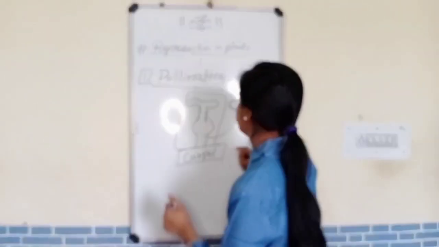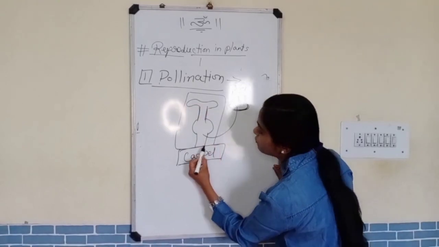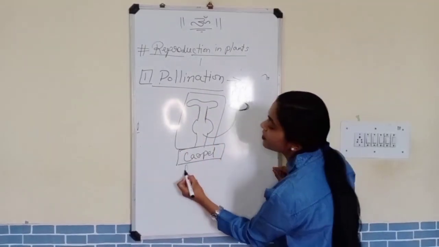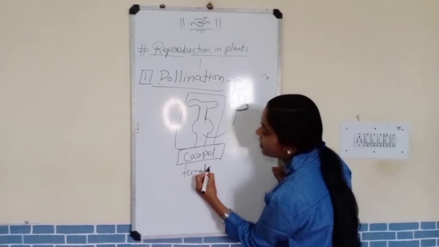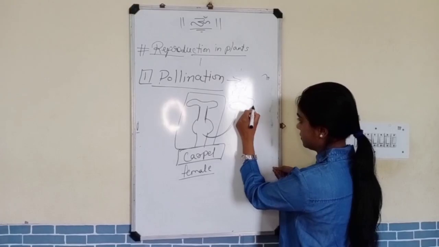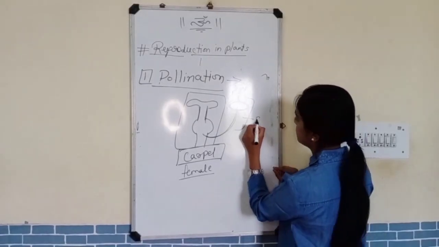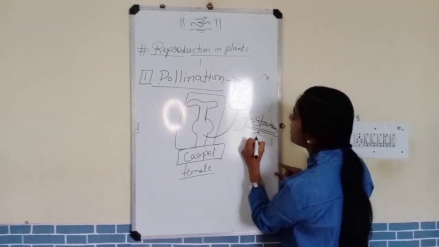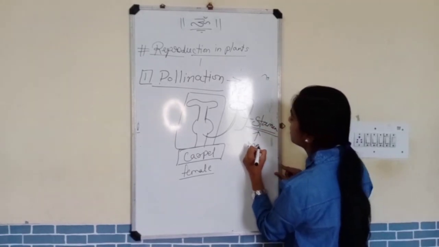So, this part of the flower, I mean to say the carpel of the flower, is the female part, and the filament and anther, a combined name is stamen, and the stamen is the male part of the flower.